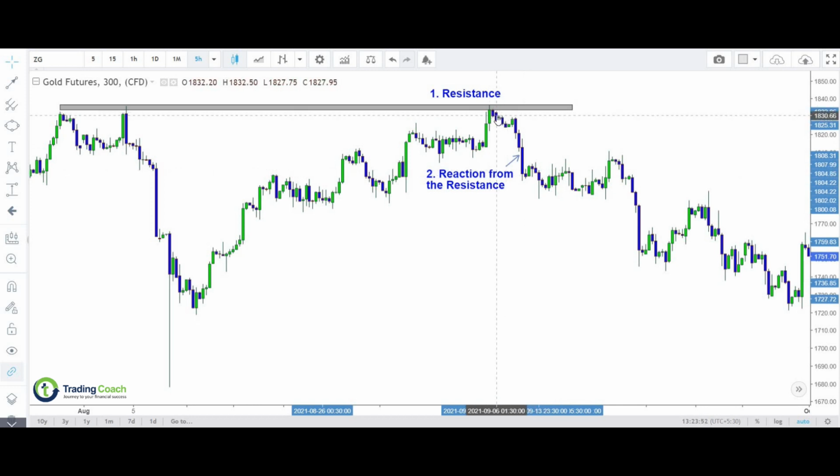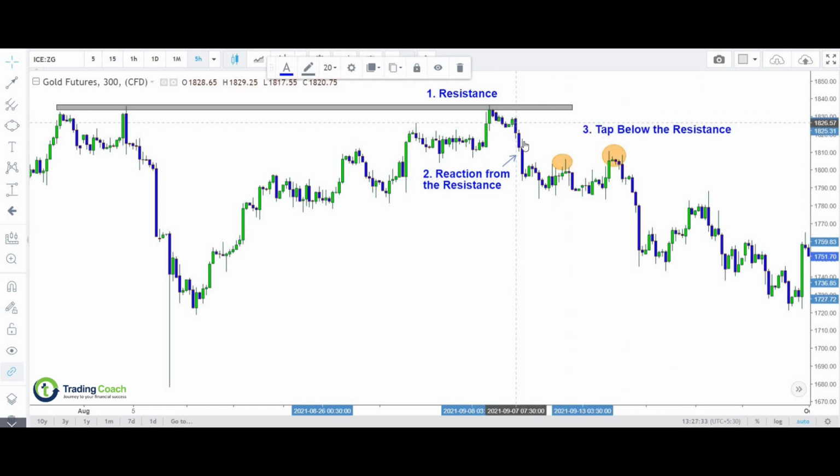This is the confirmation that the sellers do exist at the resistance. So right after the reaction from the resistance, we can see a very good tap just below the resistance. This particular tap is simply indicating that the sellers are not letting the prices go closer to the resistance. So the tap that you see here is simply an indication of selling pressure.